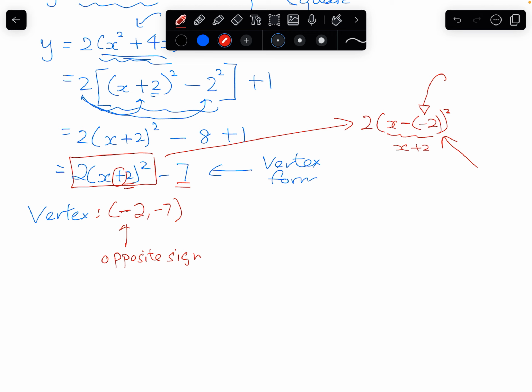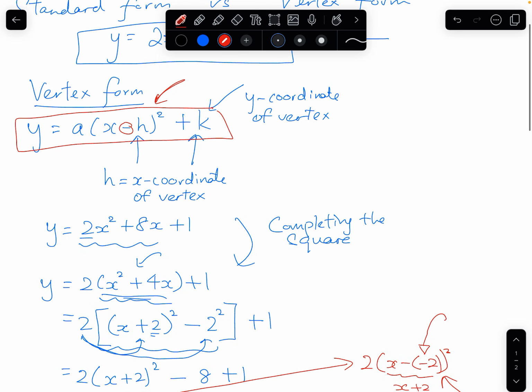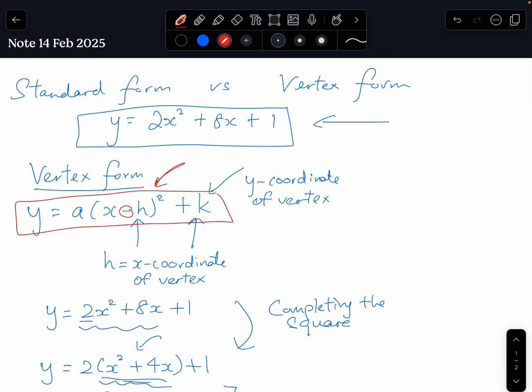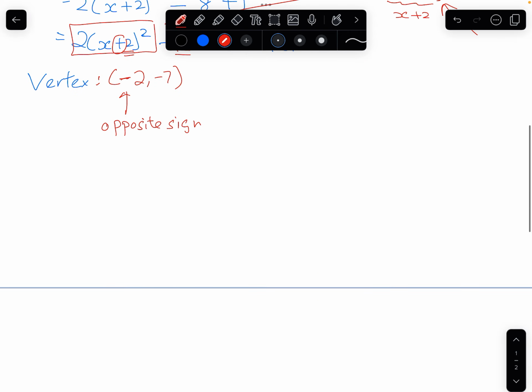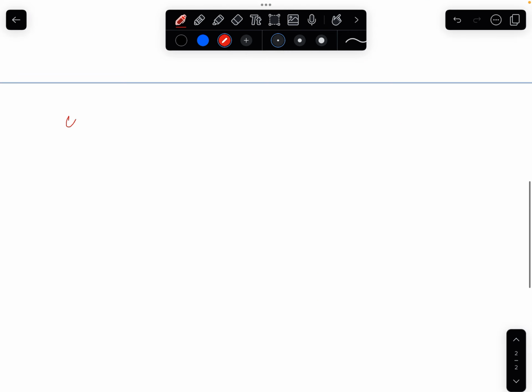Okay, now having said this, I want to show you how we could find the vertex when you're given the standard form. The standard form generally would be the original equation that has been given to you. So in this case, we have y equal to 2x squared plus 8x plus 1.